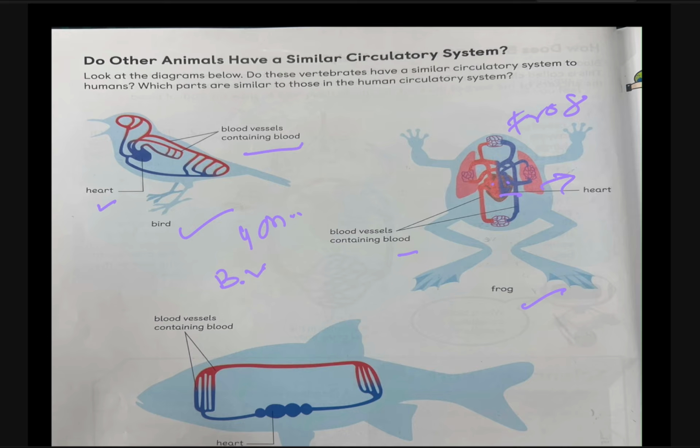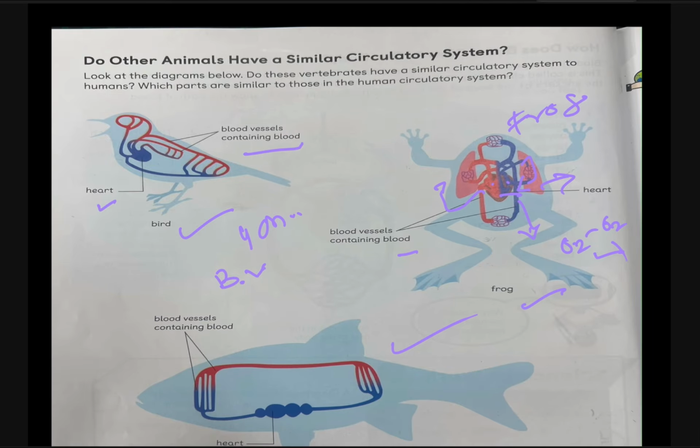As for similarities, we can say that they have a heart, blood vessels, and a double circulation loop. For example, first blood goes to the lungs, and from the lungs it comes back and then goes to the other body parts. But the difference is that there is a mixing of oxygenated and deoxygenated blood. So this is the difference.